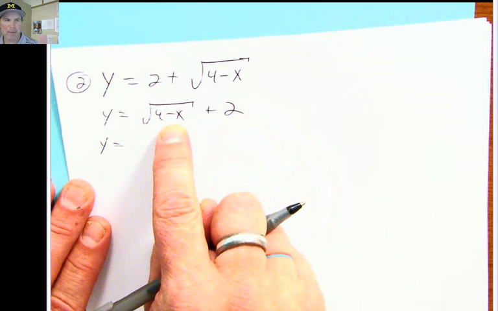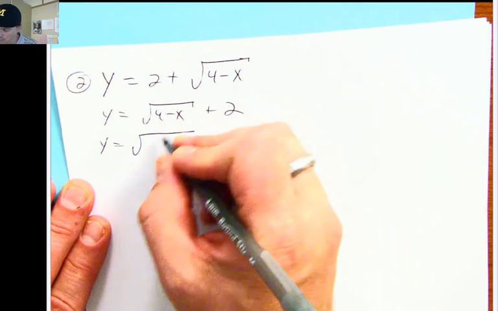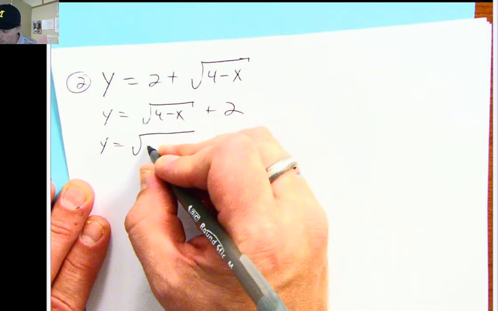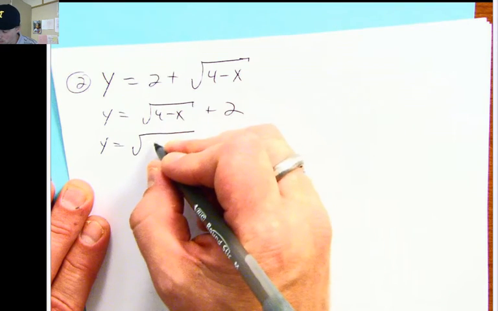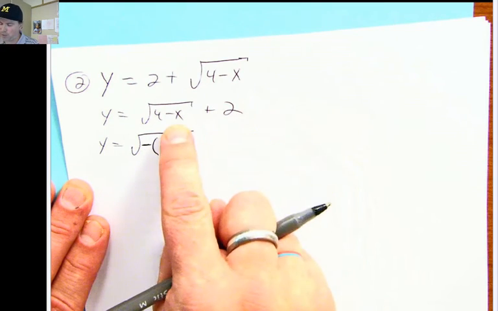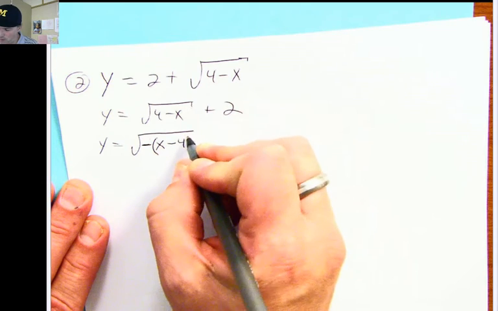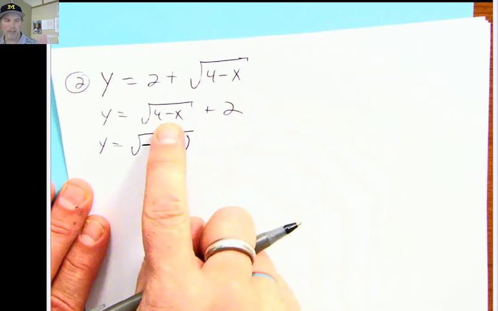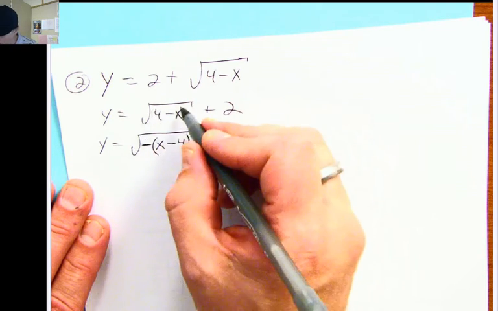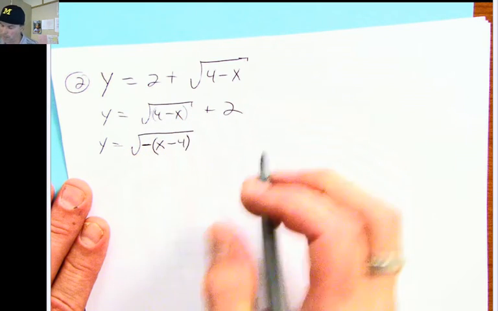I'm going to make that happen inside the square root by putting this 4 minus x in parentheses and then putting a negative on the outside. That essentially would make this x positive and the 4 negative. So we took this, we put little parentheses around it, and we factored out a negative, plus 2.